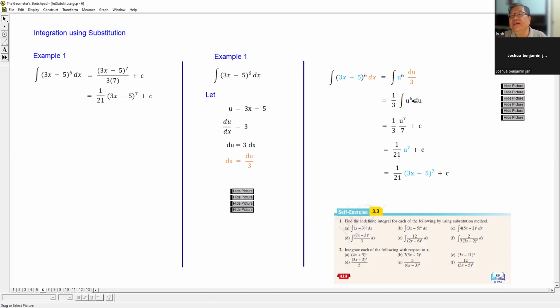This one is very simple. You integrate as usual, and after integrating, you change back to x. So you go through this step here, and also this step here. If you cannot understand, you ask me. If can, then I carry on.